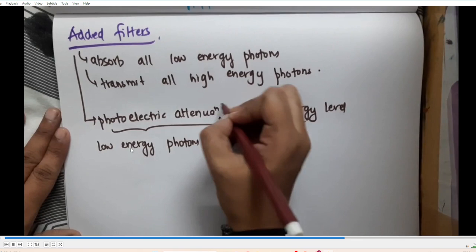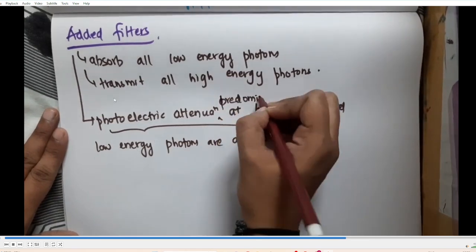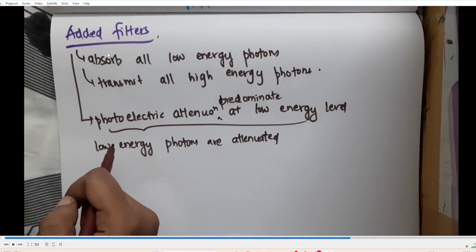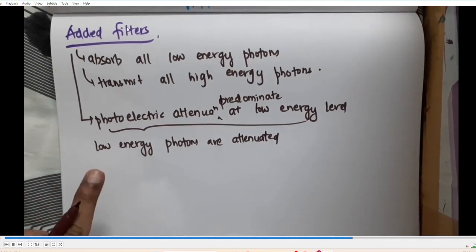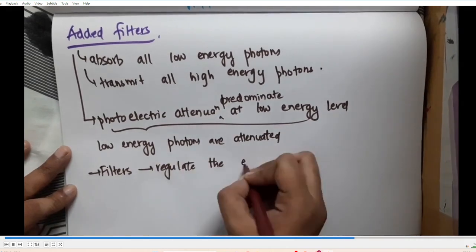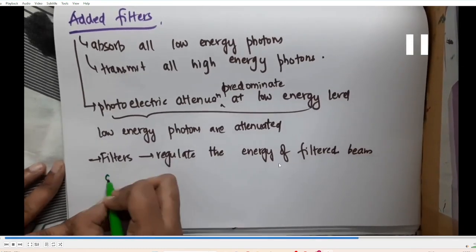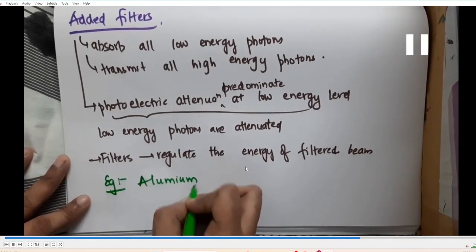So the energy of the radiation filtered from the beam can be regulated by selecting a material with appropriate atomic number.